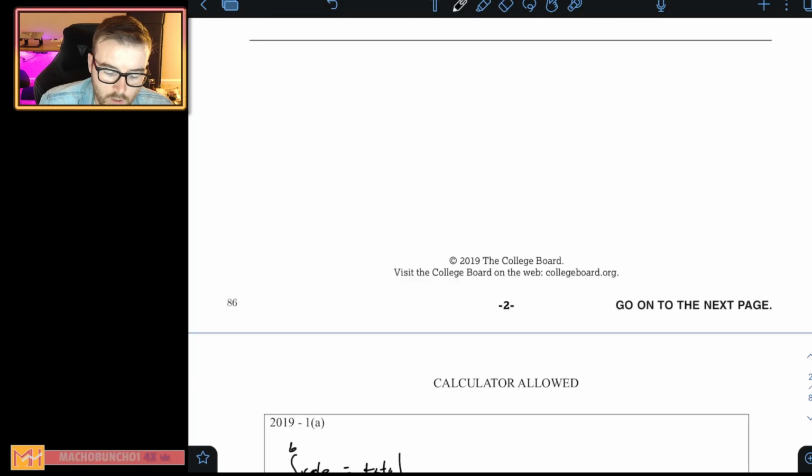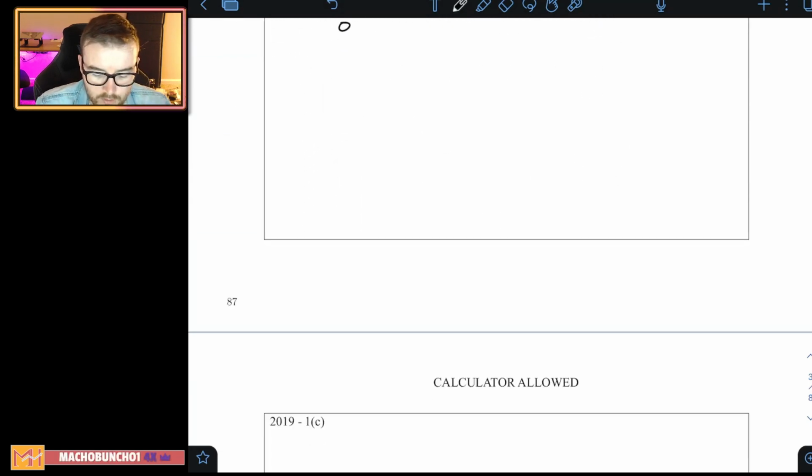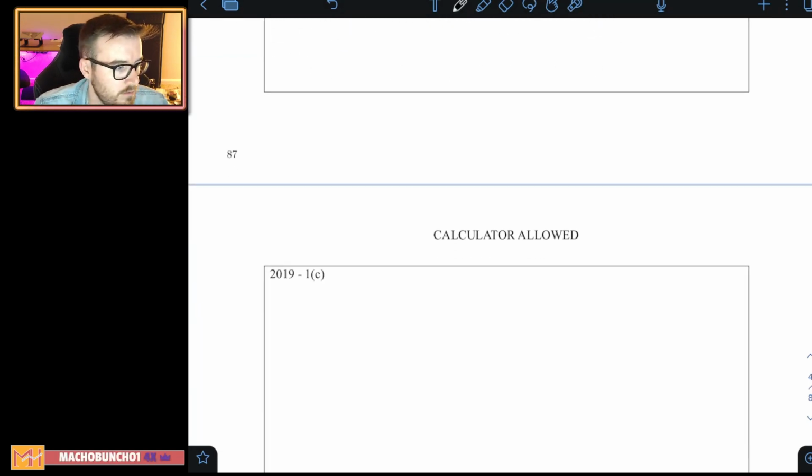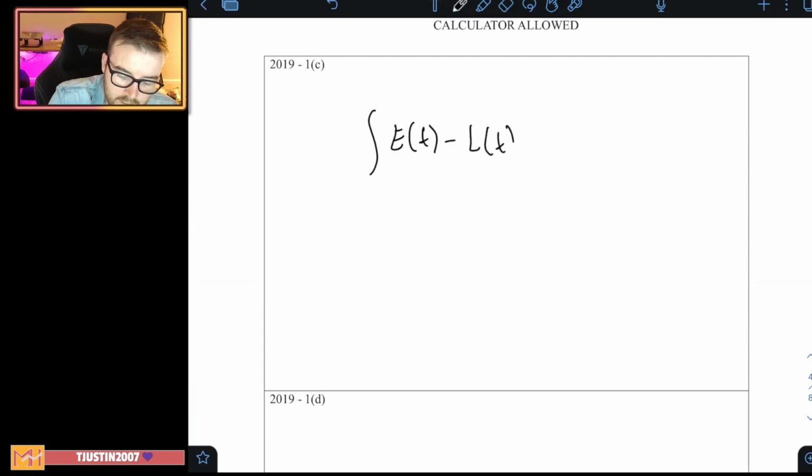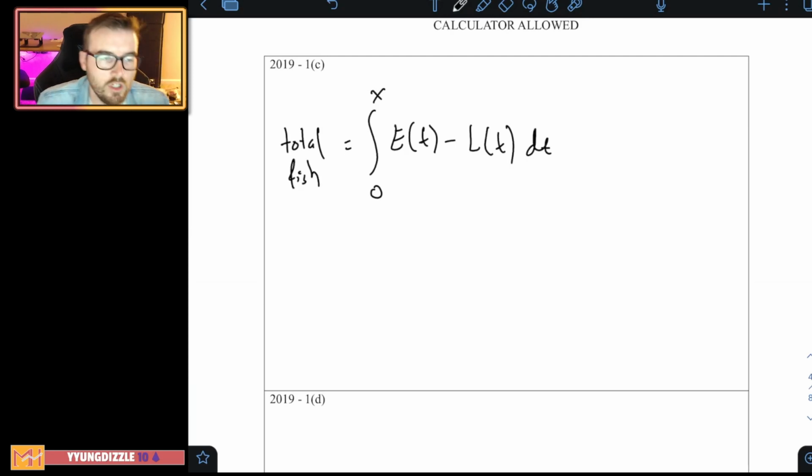All right. So the integral of E of t minus L of t from 0 to blah with respect to t is going to represent the total number of fish in the water, right?